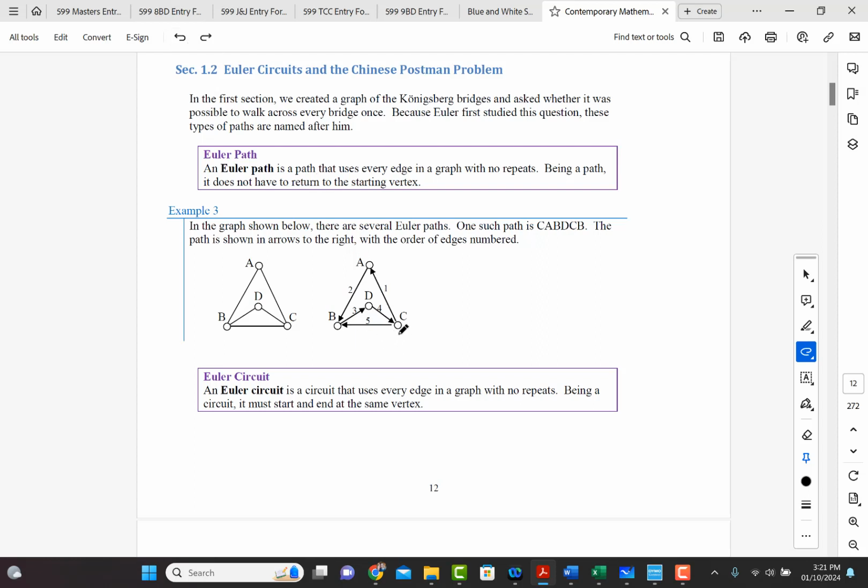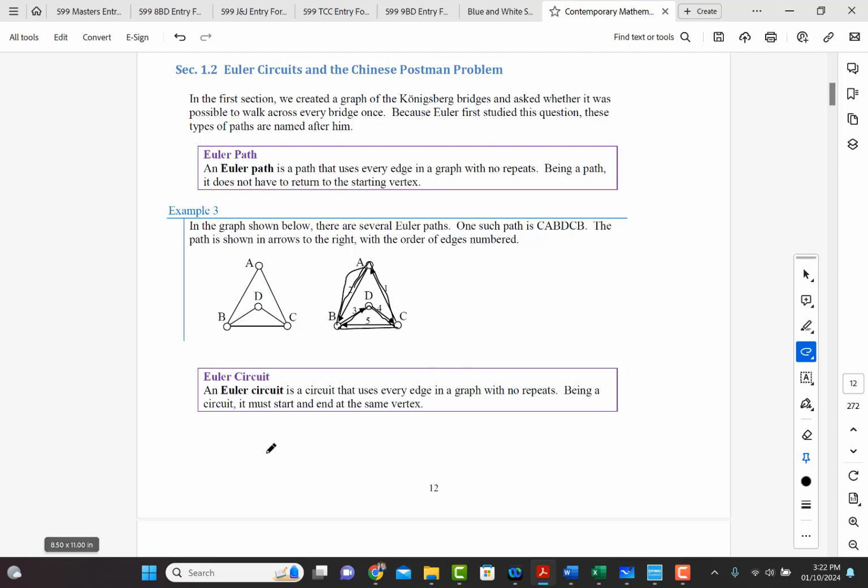We could go from B, B to A to C, and then to D, and then to B, and then to C. That would work too. So as long as we trace each edge only once, then we have an Euler path. Each graph may have multiple paths.